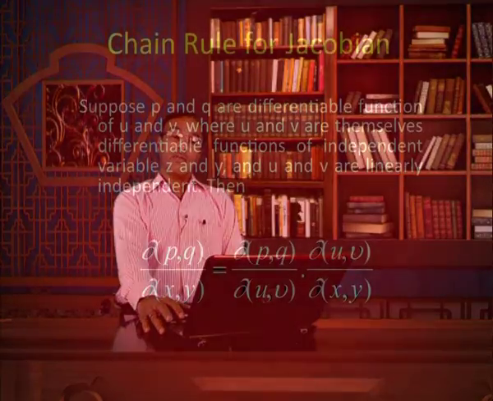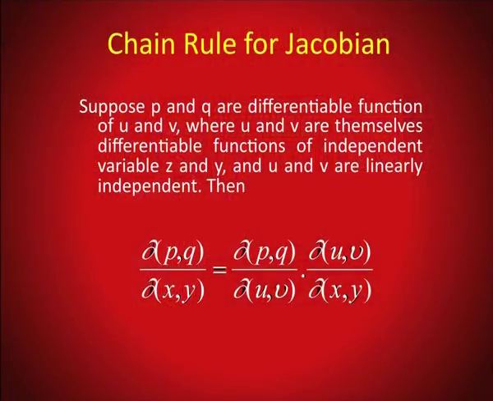Now, I will discuss an important deduction of the Jacobian, that is called the chain rule for Jacobian. Suppose p and q are differentiable functions of u and v, where u and v themselves are differentiable functions of independent variables x and y, and u and v are linearly independent.